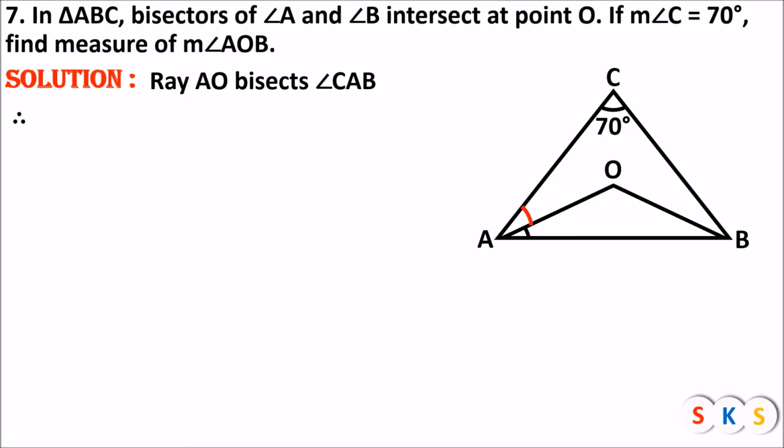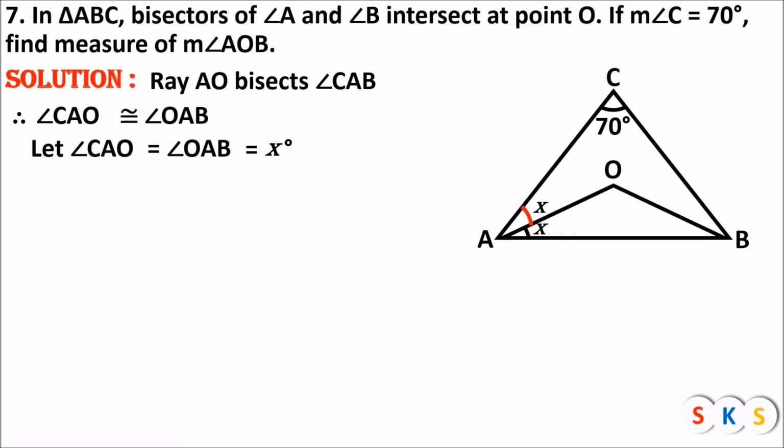Therefore, angle CAO congruent angle OAB. Now we will assume angle CAO as x. Therefore, angle OAB will also be x. So let angle CAO equals to angle OAB equals to x degree. That is equation number 1.